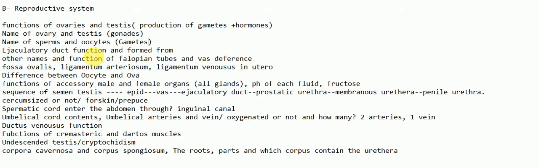What's the ejaculatory duct in males? What's its function and what is it formed from? The ejaculatory duct, if you remember in the lab, forms from the merging or the union of the vas deferens, which is also called ductus deferens, and the duct of the seminal vesicle. So the seminal vesicle has a duct that comes out of it that will be joined by the ductus deferens or the vas deferens.